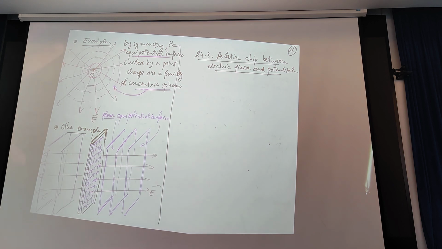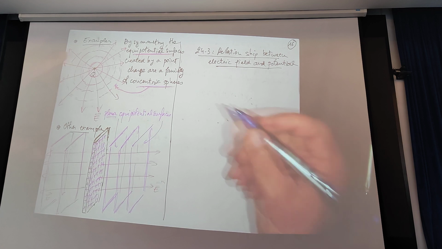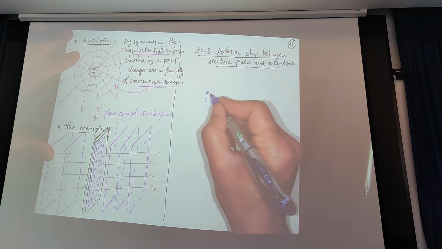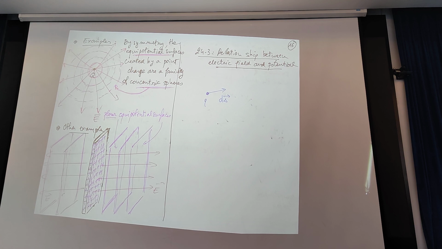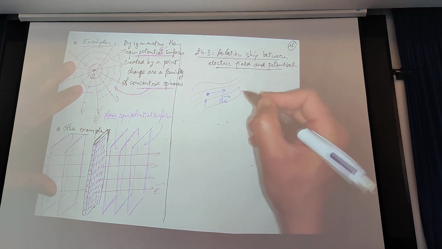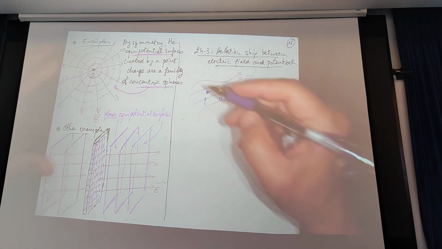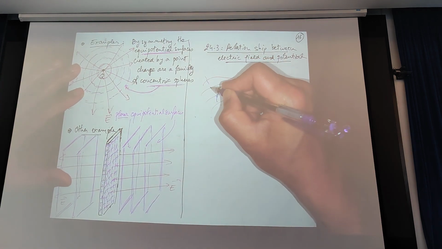Okay, so let's consider again a charge Q. The charge Q is making a small displacement in an electric field E. Of course, the equipotential surfaces again are perpendicular.